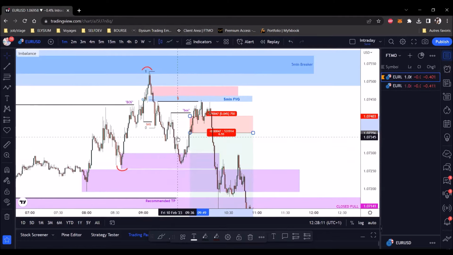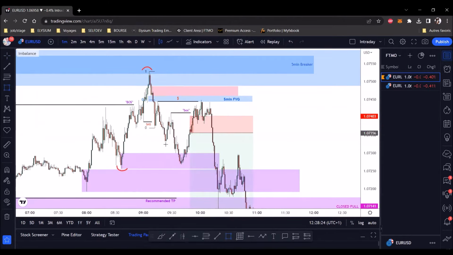It won't give you like 10 opportunities, and this was too slow. So probably if I would have got into the trade right here in this fair value gap, I would have taken break even just to see what happens next. Or people would have forced the trade and taken a stop loss.